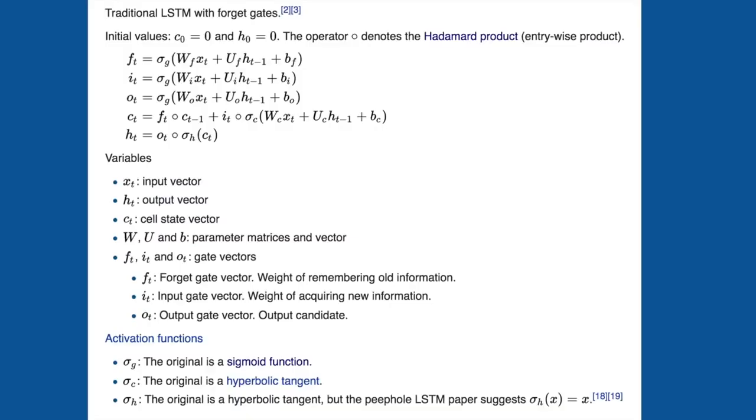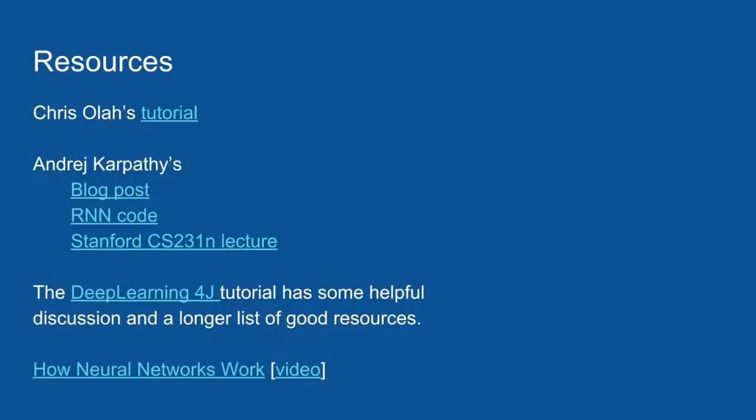If you're curious what LSTMs look like in math, this is it. This is lifted straight from the Wikipedia page. I won't step through it, but it's encouraging that something that looks so complex expressed mathematically actually makes a fairly straightforward picture and story. And if you'd like to dig into it more, I encourage you to go to the Wikipedia page.